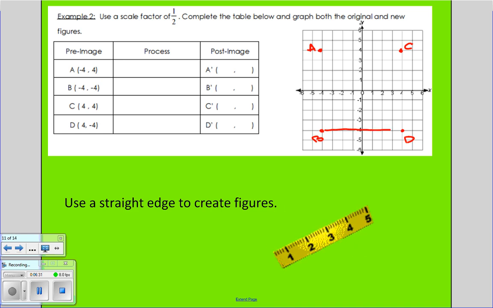Please use your straight edge. I don't have that option, but it's easier to follow these lines than it is to do a triangle. I can tell you that much.